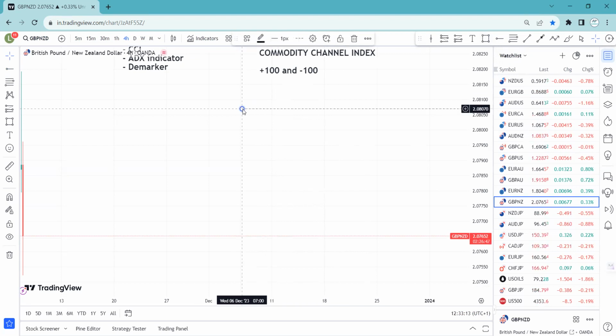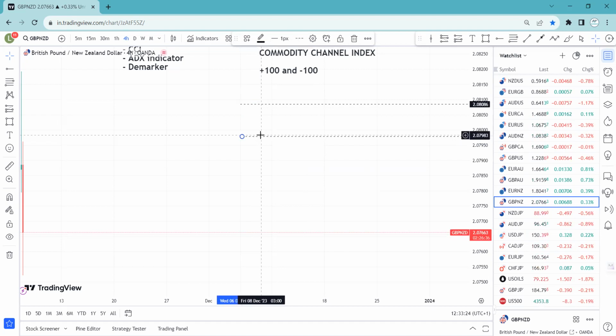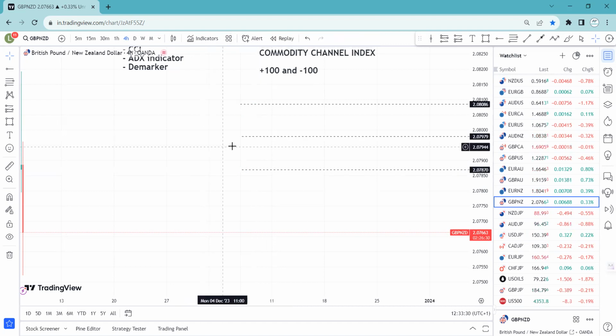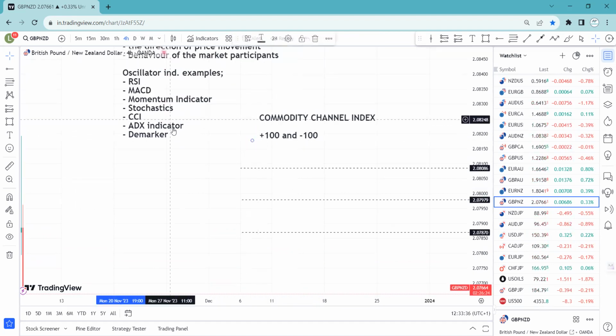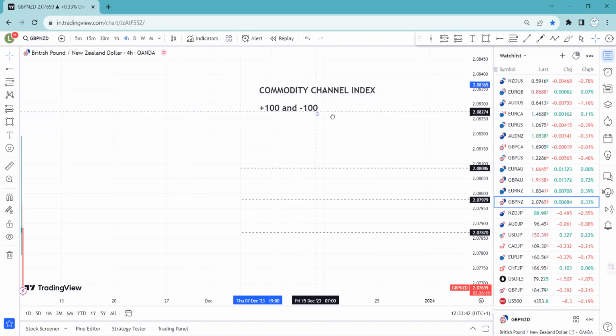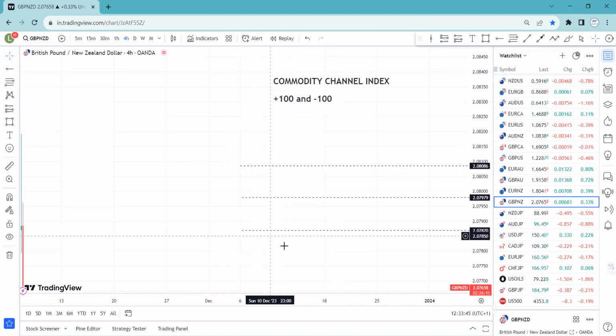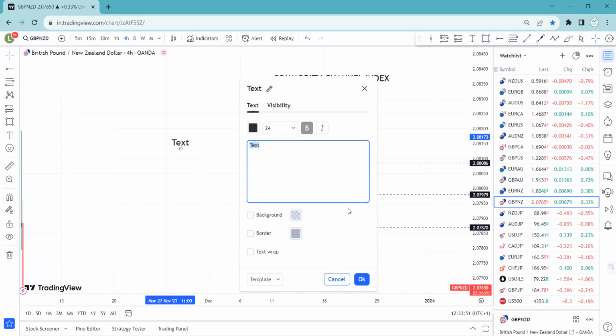Okay, so I have this. Okay, so I can also have this, pardon me. And then I can also have this. Amazing. Okay, so I can take this out, right? Because I've already explained that. So we're talking about the commodity channel index now. Okay, so here I have 100.